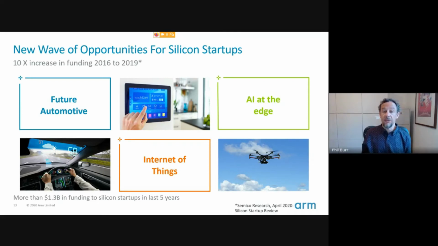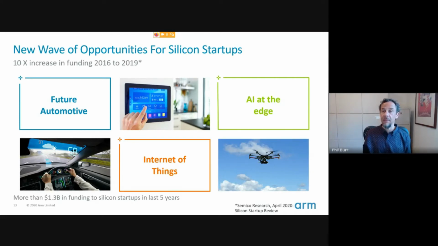And it was interesting to look at some of the funding. So the report showed that there's been a 10 times increase in funding between 2016 and 2019, showing that this is a really healthy number of opportunities for startups backed by VCs.